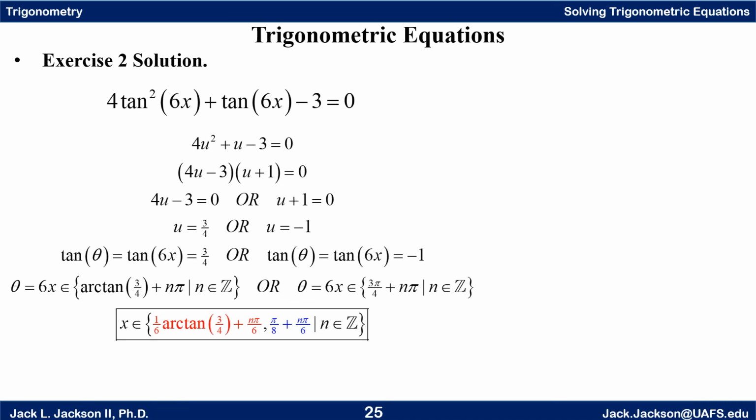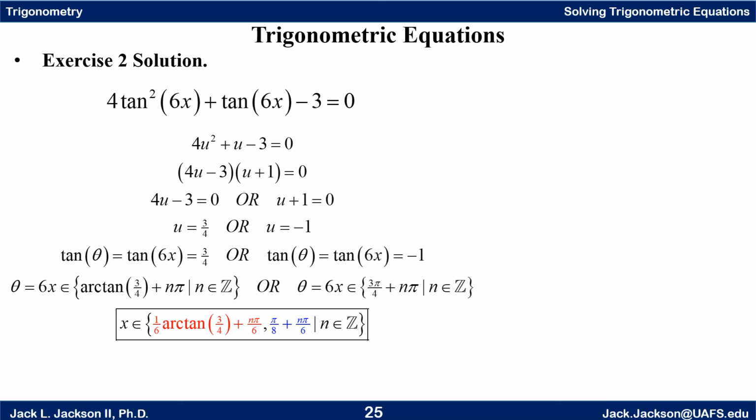Now, substitute back in. Tangent of 6x equals 3/4, or tangent of 6x equals negative 1. Think of 6x as being your angle theta. So we have tangent of theta is 3/4. That's not one of our special triangles. That's a 3, 4, 5 right triangle, but the angle is not a particularly nice angle.